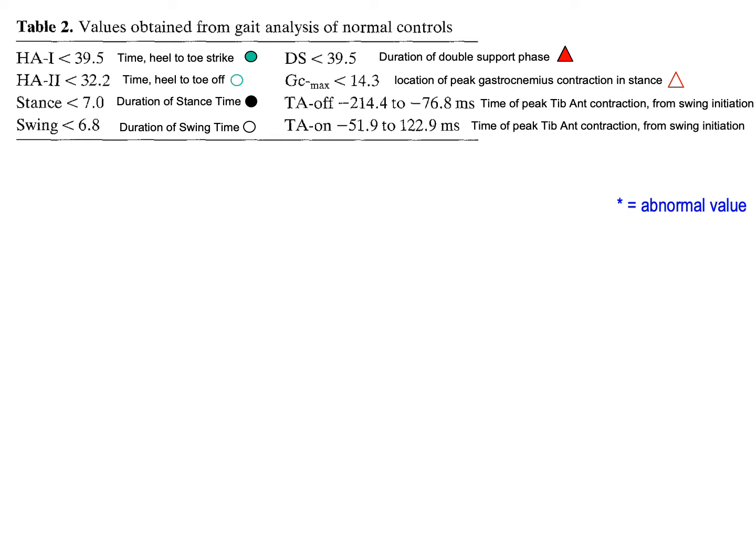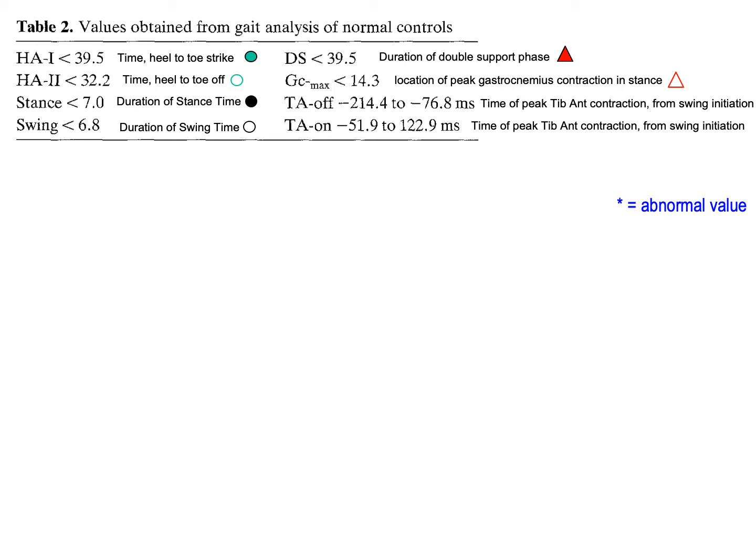This is from table 2 from that paper. This is from the healthy control participants. So they calculated the HA1, which was a time metric, and it tells them how long it took to go from heel contact to toe strike. I've noted in my slides that with the green color and the filled in circle.